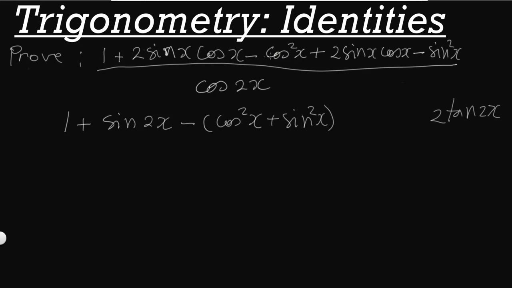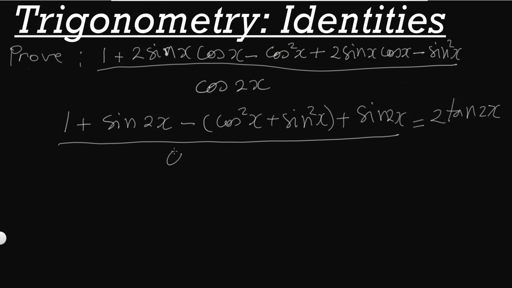So 2 sin x cos x gives sin 2x according to the identity, all over cos 2x.